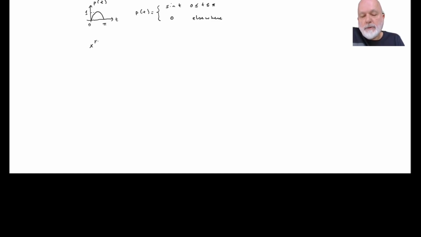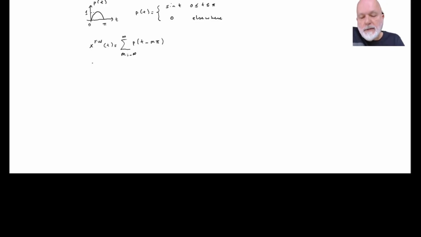We are going to write down the expression of the full wave rectified sine signal. This is equal to the sum over m from minus infinity to plus infinity of P of t minus m pi.